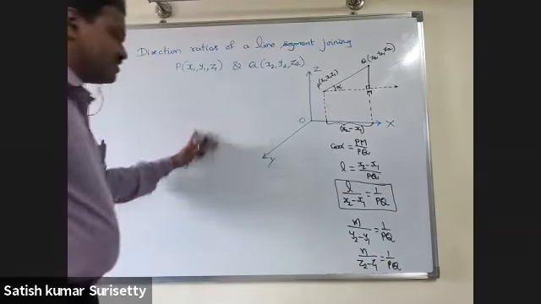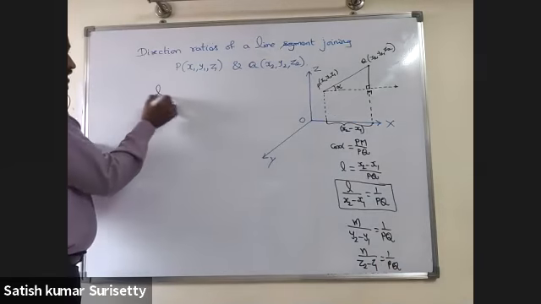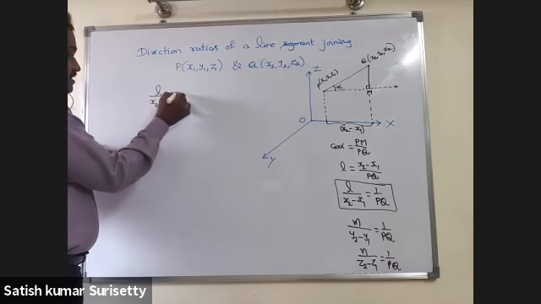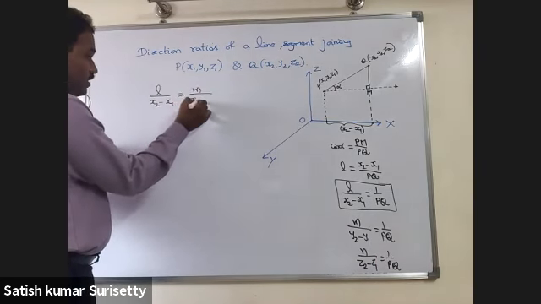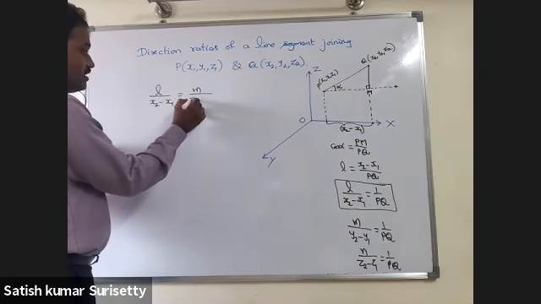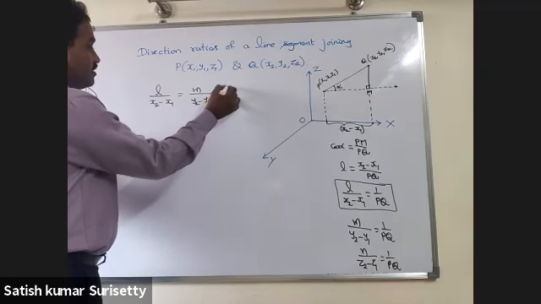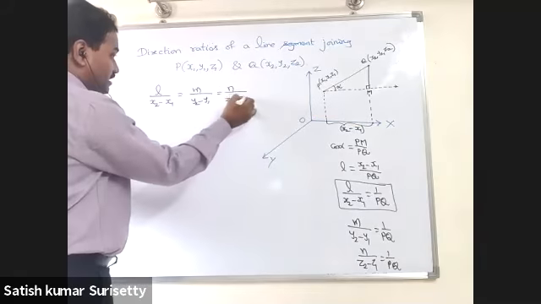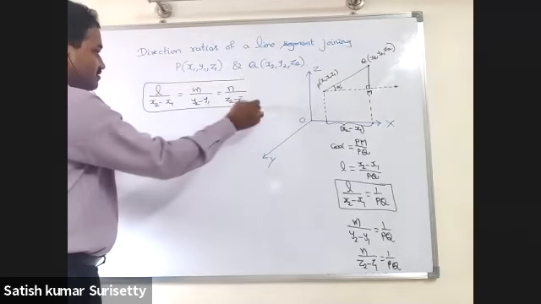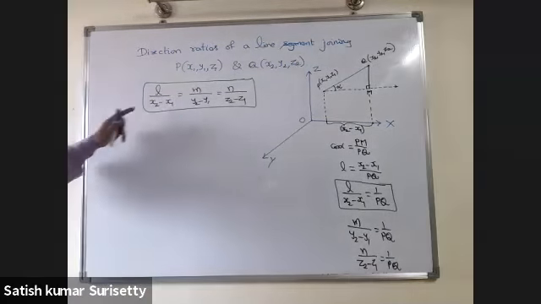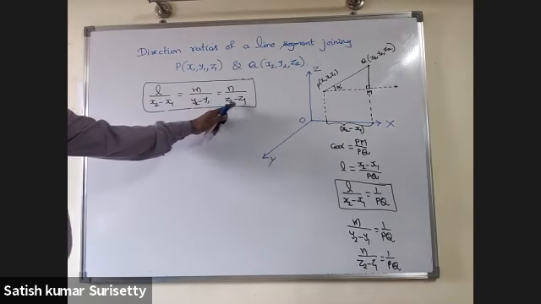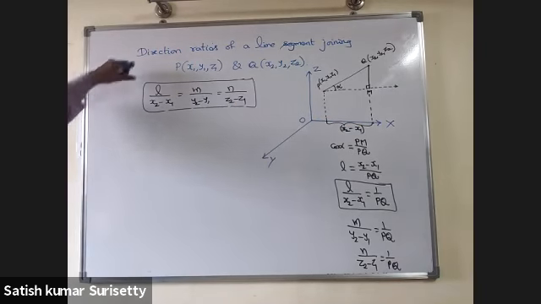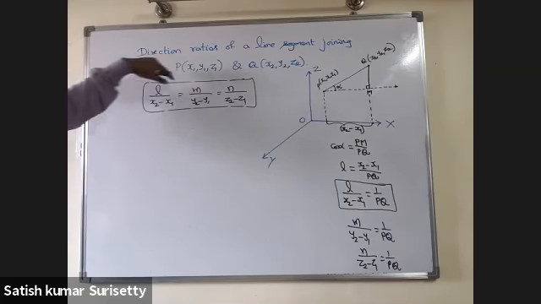Now, from this, I can write L upon x2 minus x1 equal to M upon y2 minus y1 and N upon z2 minus z1. That means x2 minus x1, y2 minus y1, z2 minus z1 are in proportion with L, M and N.